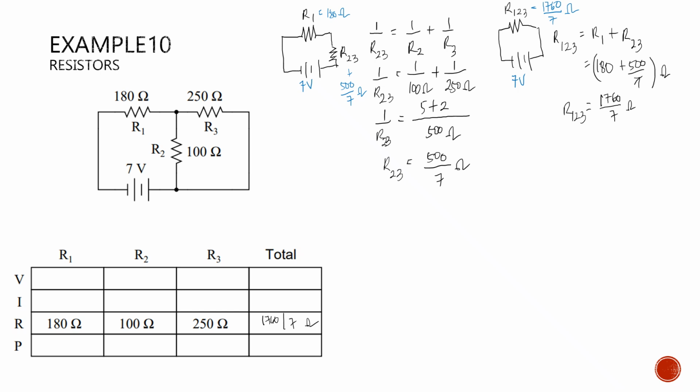So for this diagram, you have the complete R and V values that can be used to solve for the value of I for the entire circuit, this compressed circuit. So the total I. So we're going to solve for that.